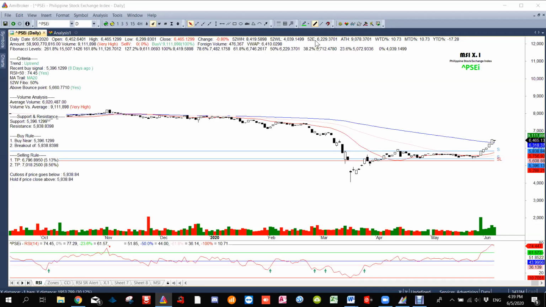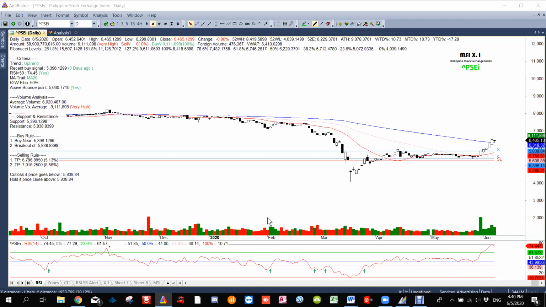And saan ba yung Zoom chat? Ayan, Zoom chat. Okay, so I'll type something here. If you have questions, you can ask now, and later I will be going back to this screen para i-check kung meron silang mga tanong and address the question.